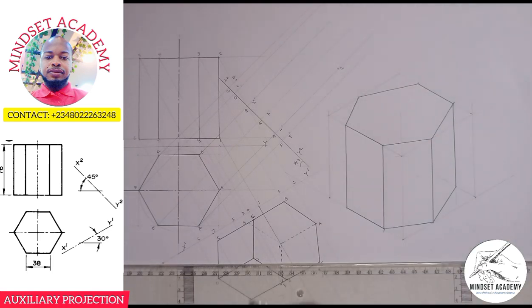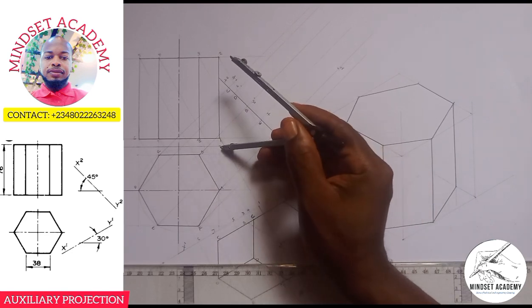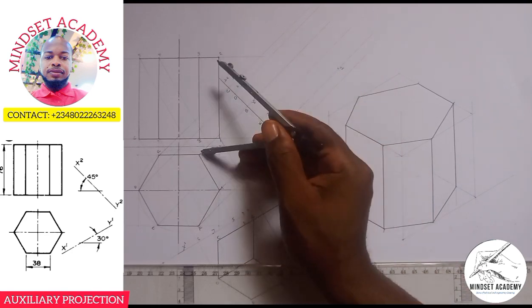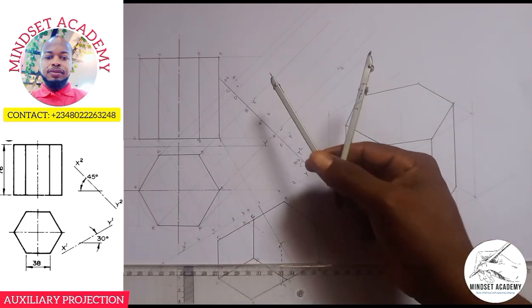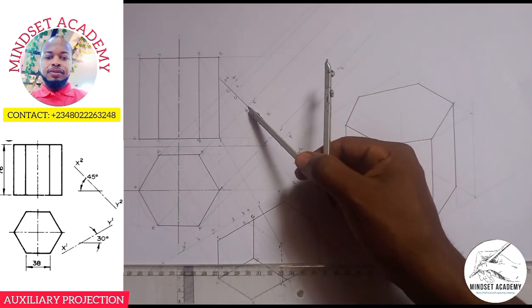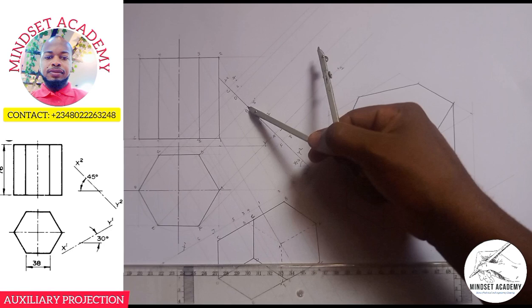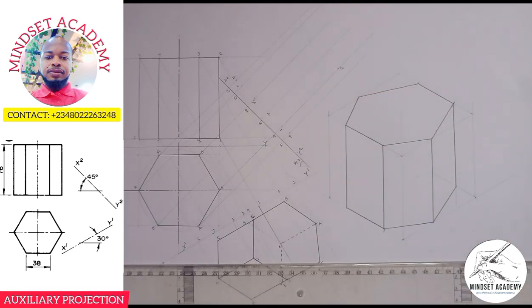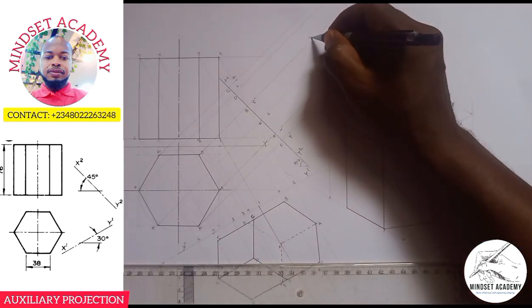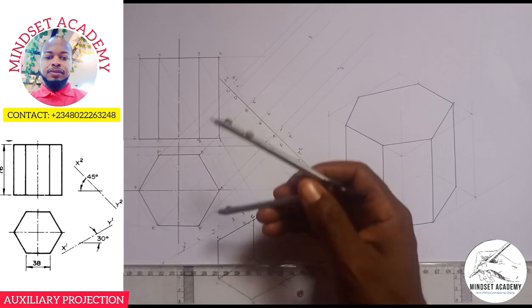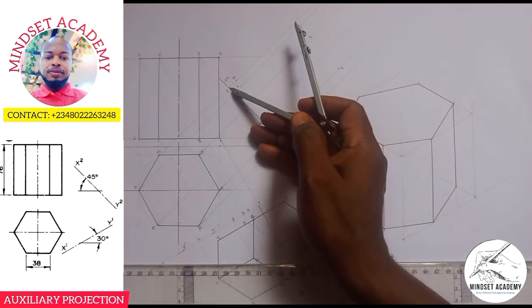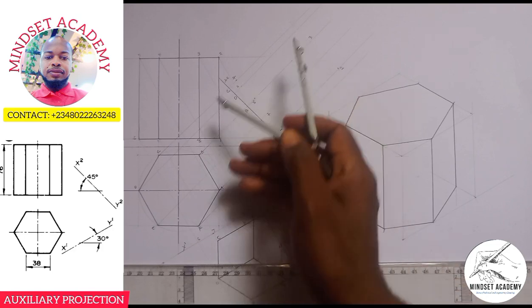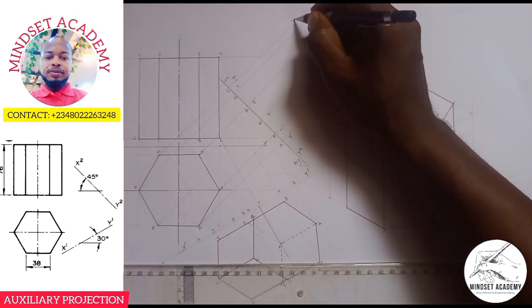I'll come to that of B, the same position, to get point 3. That's point 3. I'll come again to C. This is point 4.